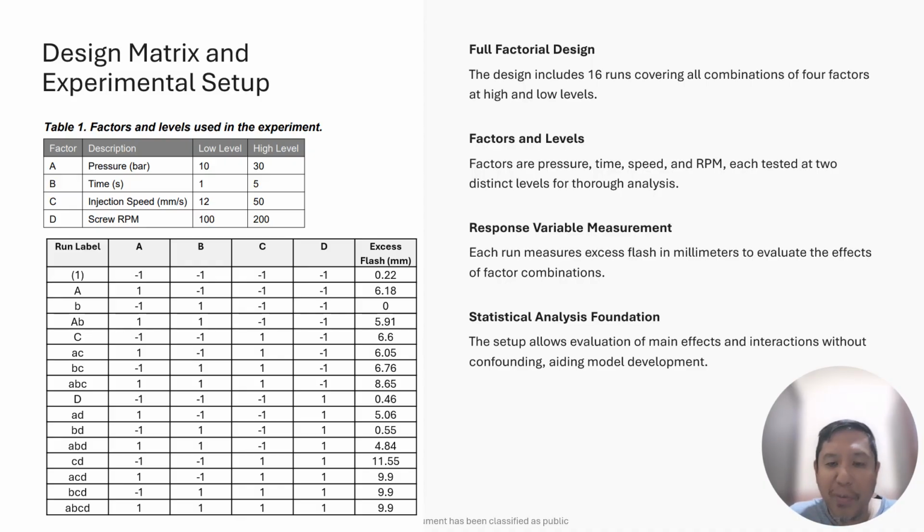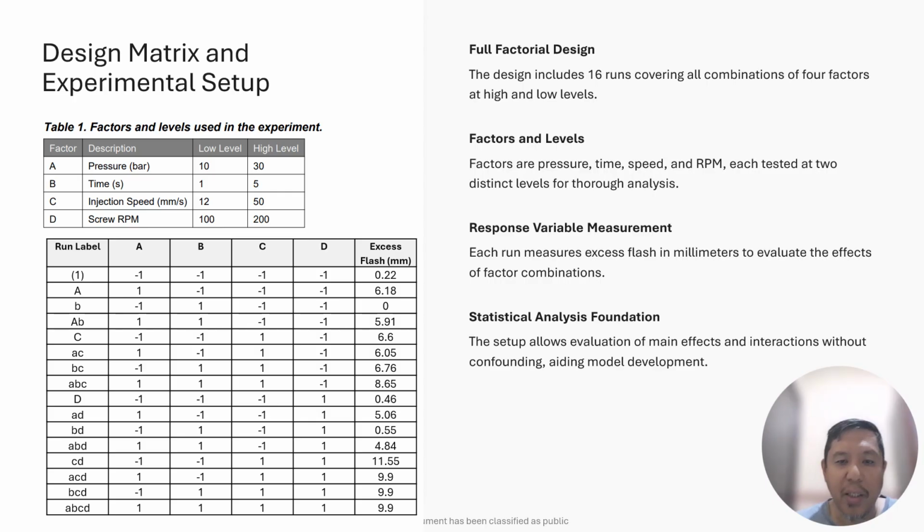I decided on a full factorial design first with four factors at two levels each, that is a 2 to the power of 4 design. And the output I measure in each run is the flash size in millimeters on the molded part. So this is the experimental setup.